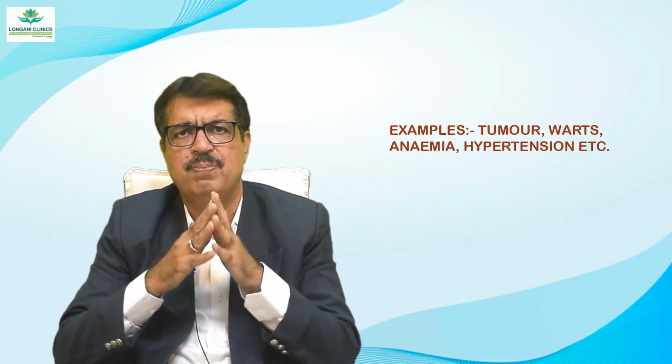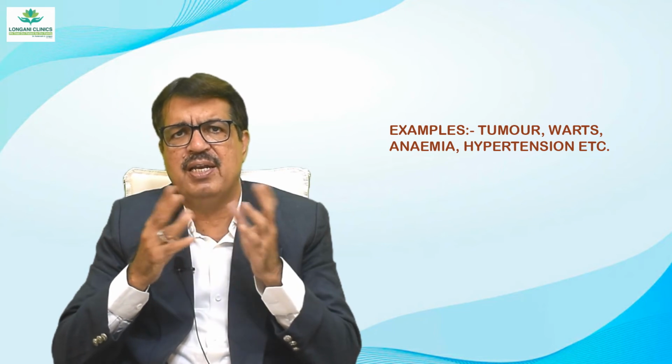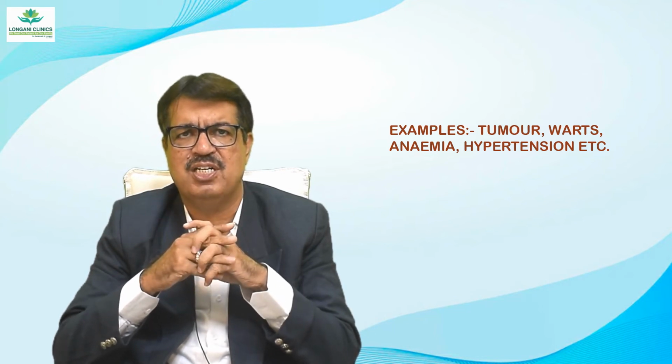When a common pathological feature exists at two or more locations, the feature is known as a pathological general. They are important for prescription by Dr. Boger's approach, for example tumors, warts, anemia, hypertension, etc. At times, these are included in physical generals, otherwise they are common.